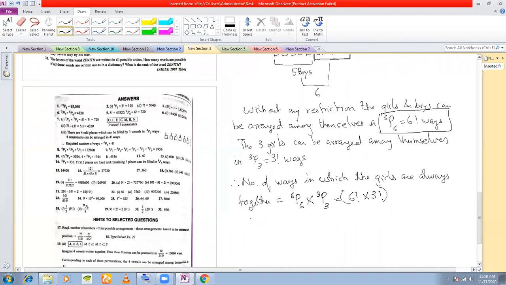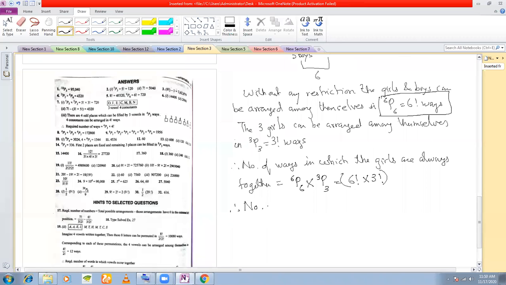Now, therefore, the number of ways in which girls are never together. Total how many people, boys and girls? There are 8, right? So they can be arranged among themselves in 8p8 ways without any restriction, minus the number of ways they are always together, which is factorial 6 into factorial 3.